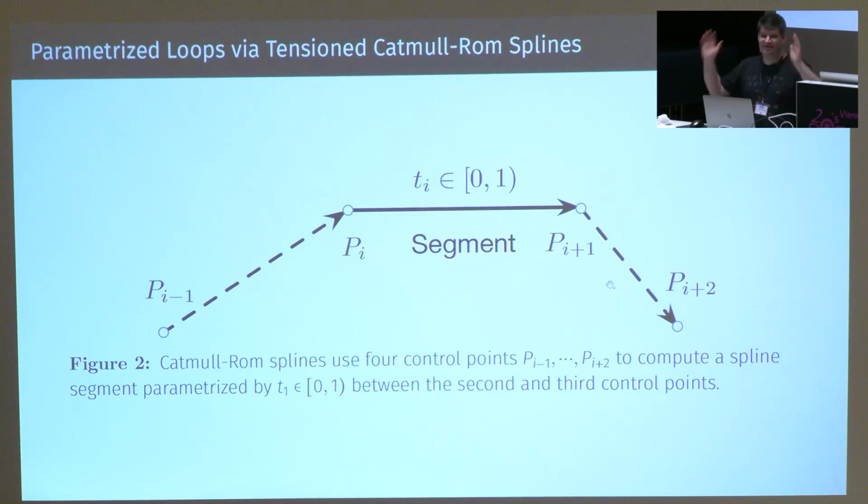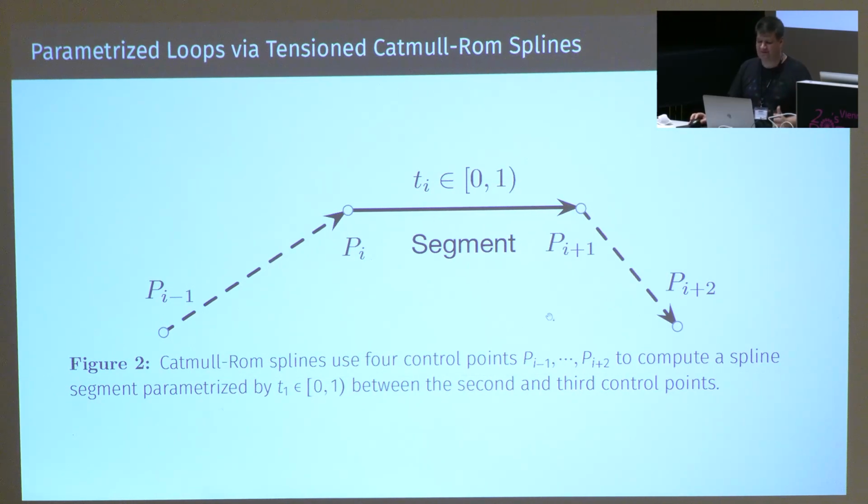Okay, so this is all abstract, and I wanted to give you something concrete. What I said is all you need is a parametrizable function that closes onto itself. Whatever that is, that will work in this construction. And I wanted to give you one concrete one. So what I'm going to take is the Catmull-Rom spline with a tension parameter.